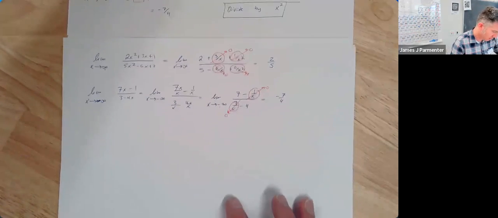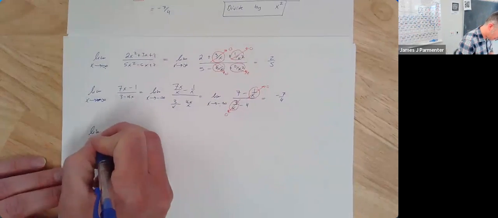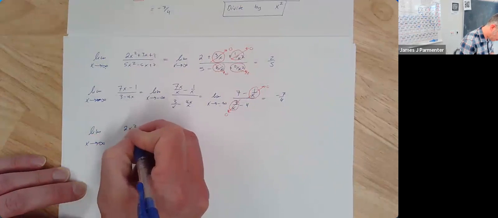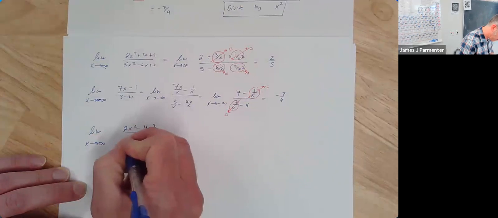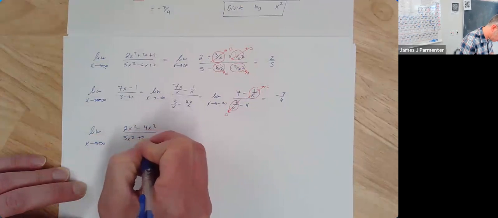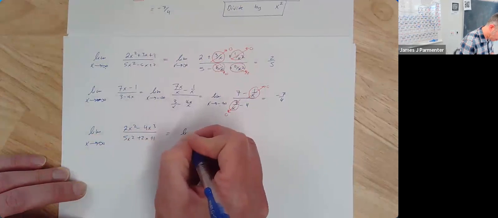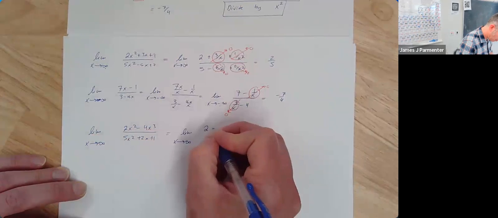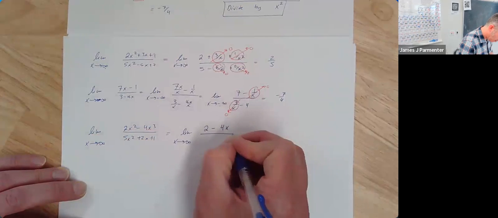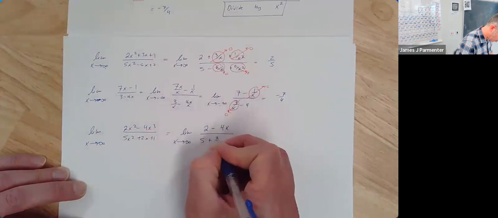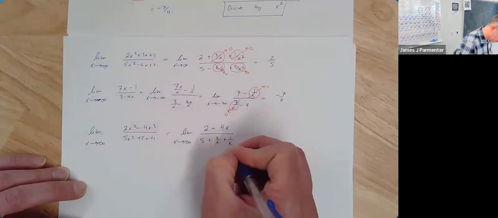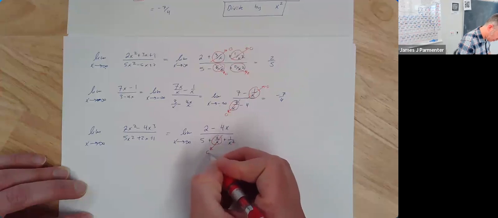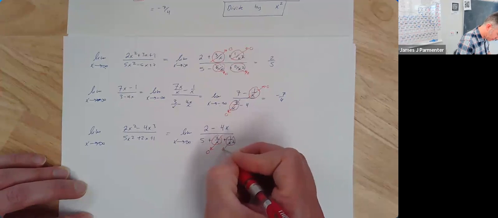So we take the limit as x goes to infinity of 2x squared minus 4x cubed over 5x squared plus 2x plus 1. Dividing everything by x squared, we get 2 minus 4x over 5 plus 2 over x plus 1 over x squared. 2 divided by x, getting smaller and smaller. 1 divided by x squared, getting smaller and smaller.